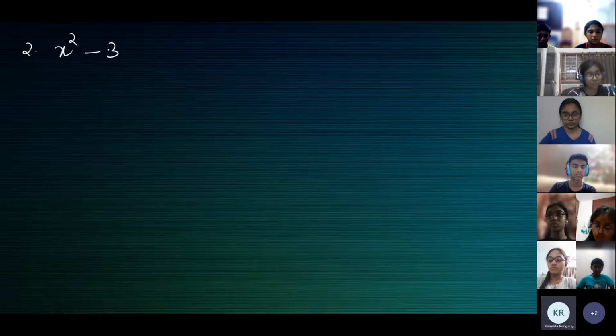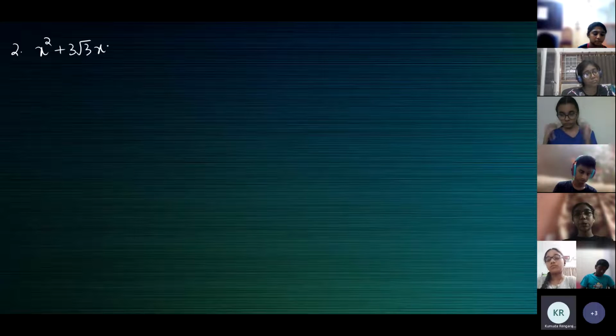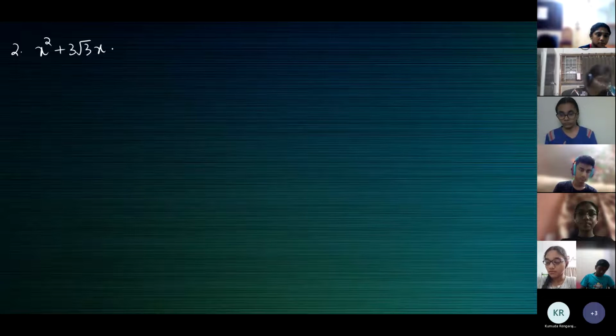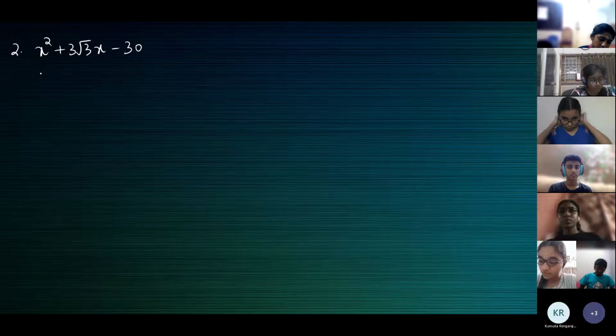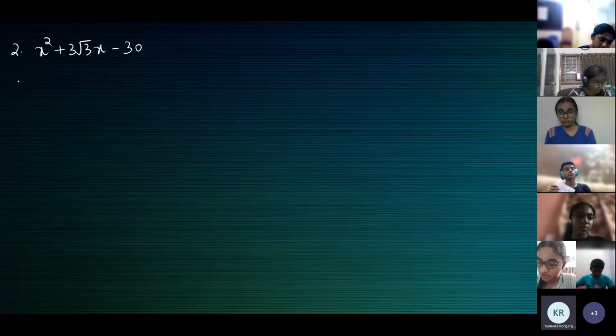Again, same heading, factorize. What is the sum?